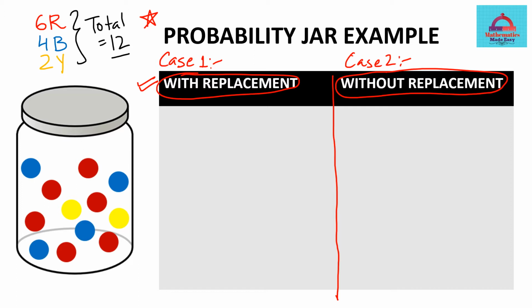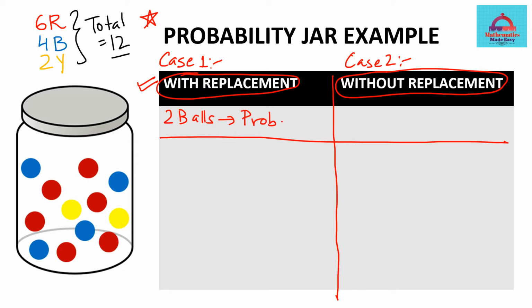So the case when it is with replacement, let me take a general case for both of them where we are taking out, say, 2 balls, one after the other. And when it is with replacement, we want to just see what is the probability that both these balls which are coming out are, for example, red. Okay, and the same case is for case 2 without replacement. It's just that the balls are not put back.